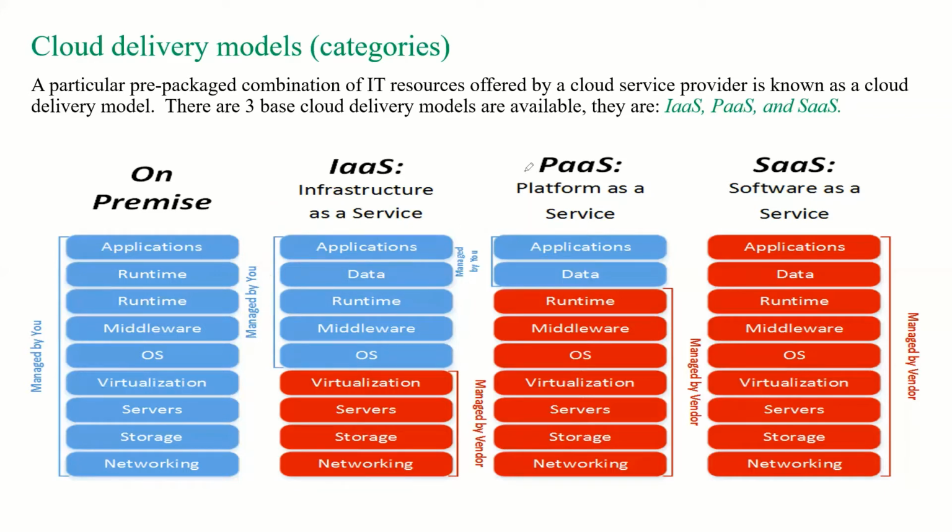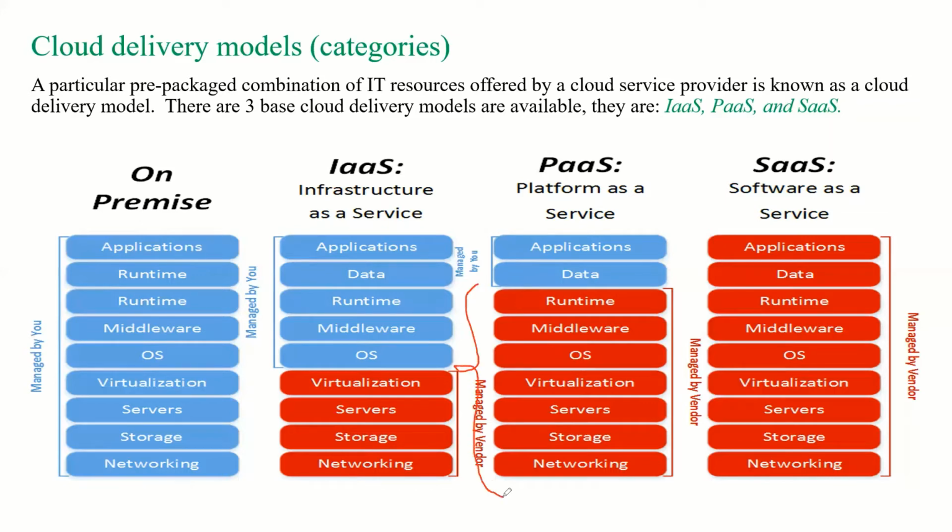The next type of cloud delivery model is platform as a service. Here, the service provider could be AWS, Azure, Google Cloud, IBM, Alibaba Cloud. There are over 800 plus cloud service providers to take their name.